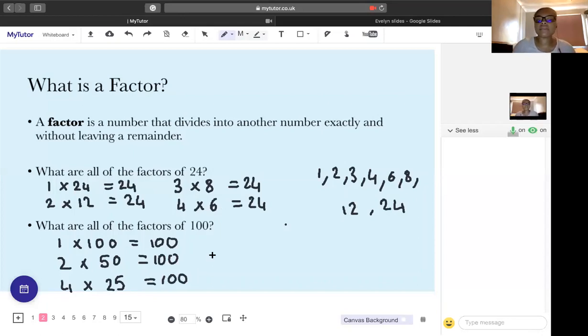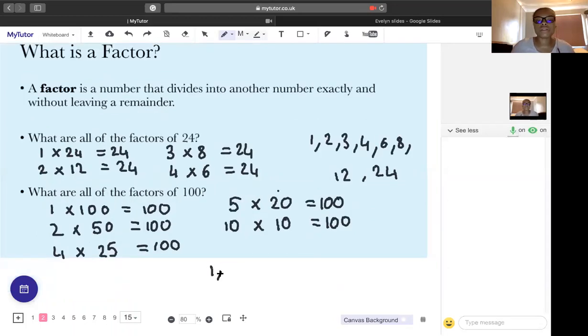And 5 is also a factor of 100, because you can do 5 times 20. 6, 7, 8, and 9 are not factors of 100, but the last one that we do have is 10, because you can have 10 times 10. So all our factors of 100 would be 1, 2, 4, 5, 10, 20, 25, 50, and 100.